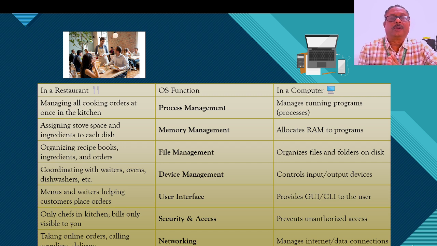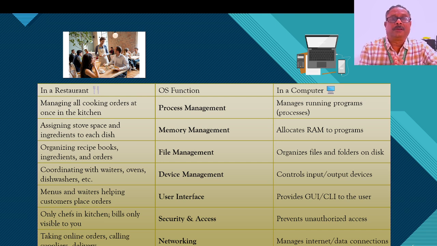If we look at our common experience, I can quote a restaurant example and try to connect the various functionalities of the operating system with what happens at a restaurant.